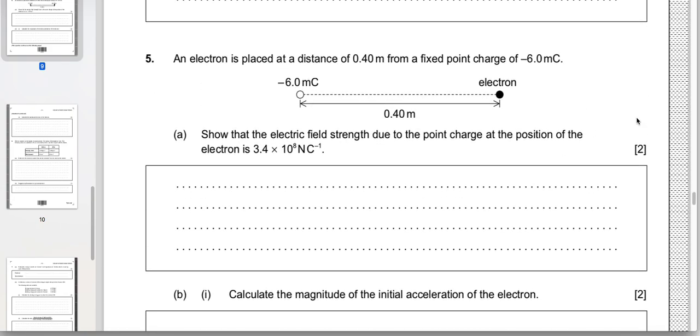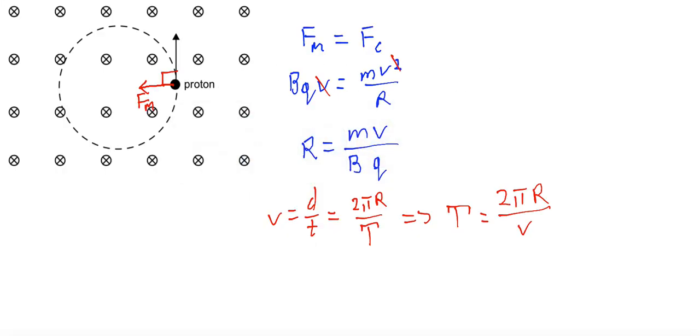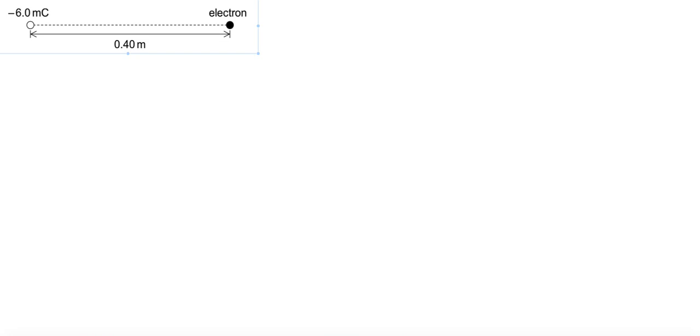An electron is placed at a distance of 0.40 meters from a fixed point charge of minus 6 millicoulombs. You have to find the electric field strength due to the point charge at the position of the electron. It's not bad. The definition of the strength of an electric field is the force acting on a unit positive test charge.